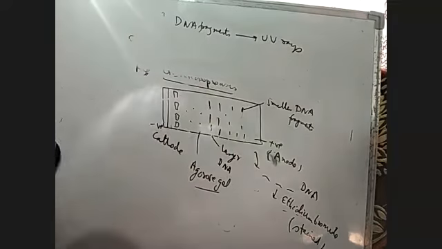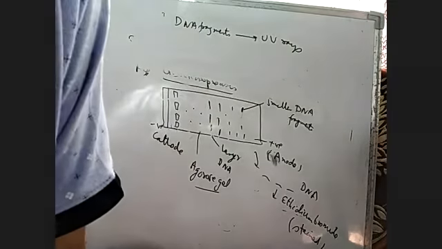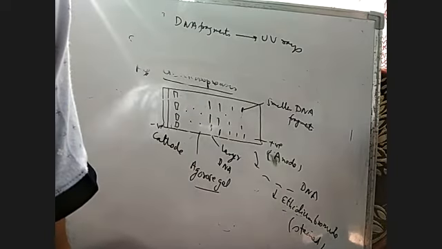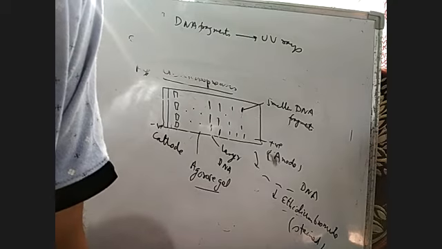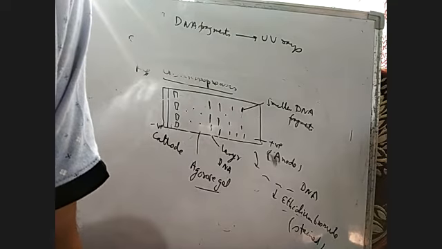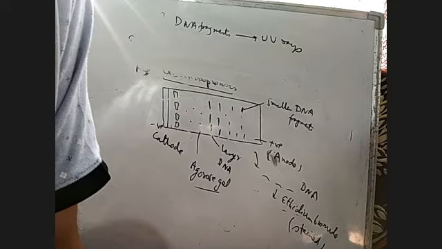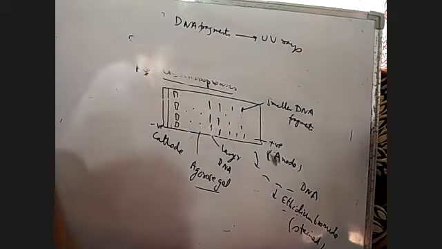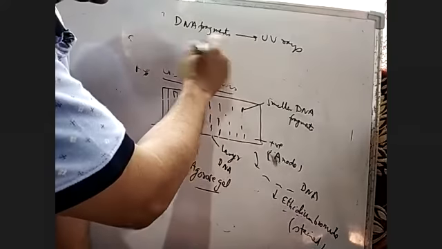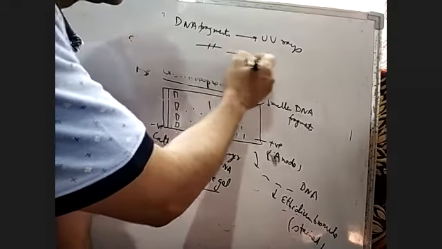They are exposed to ultraviolet rays, and we can clearly see the separated bands of DNA. Then the DNA is cut from the agarose gel and extracted.